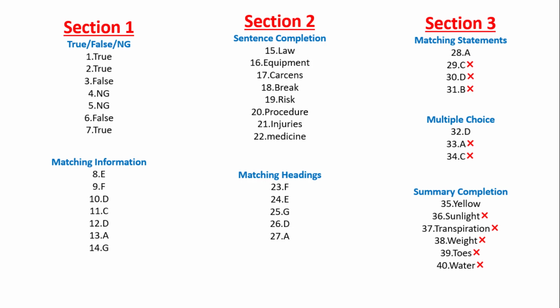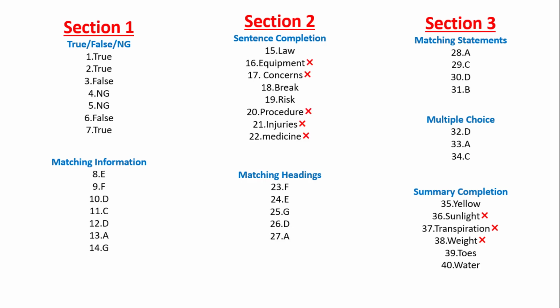Now let's say we're working with a student and they get this one wrong, and this one wrong, and this one wrong, and so on. So this is quite unusual because this particular student only has problems when they actually have to write the word, and they had no problem actually getting the correct answer.